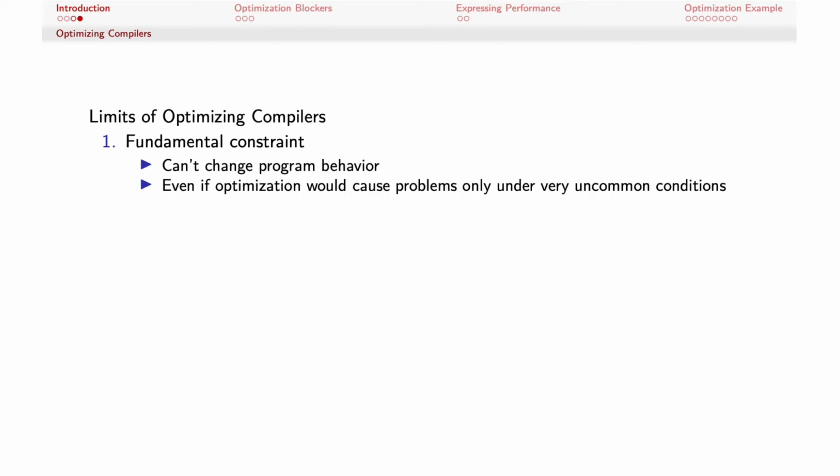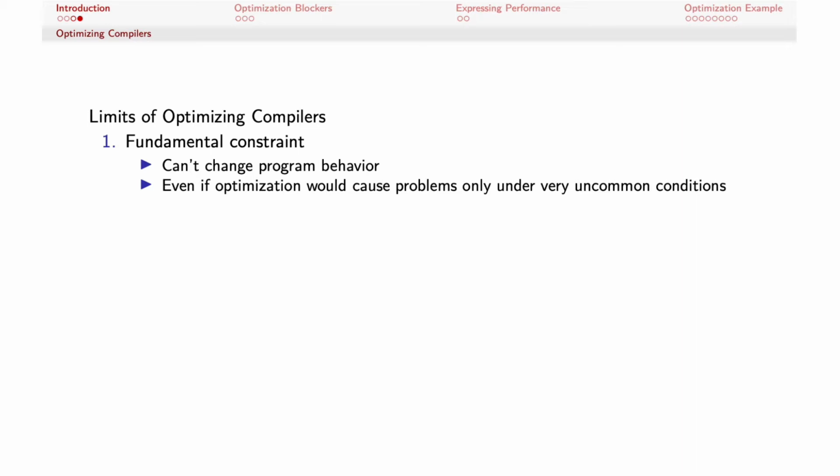We also want to be aware of limitations of optimizing compilers. Fundamentally, the constraint here is that the compiler cannot change the behavior of the program. So if we code in a certain way in the source language, the compiler has to be very strict about following the instructions that we're giving it in the source code and making it operate exactly the appropriate way for that language that we're compiling in the assembly language.